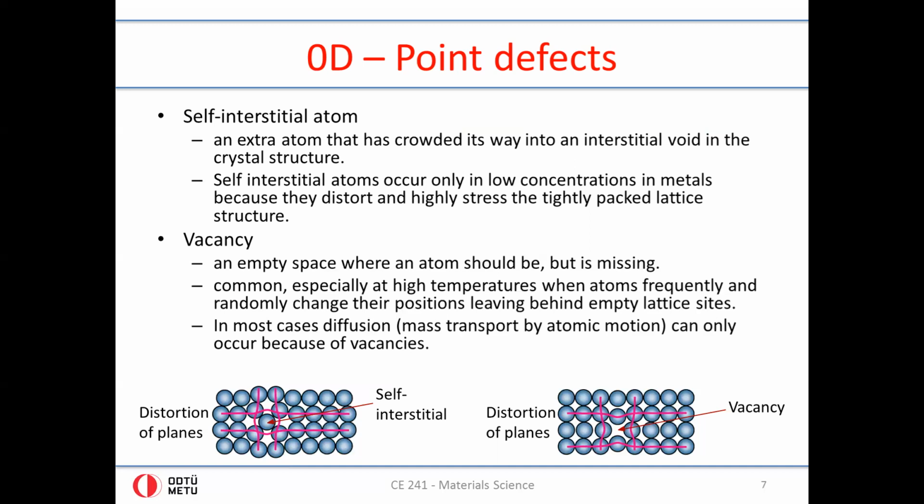So you see that in both cases, the planes or the lines have been distorted, but they've been distorted in a different way. So in the left-hand image, there are four atoms. These four have been pushed away from each other, farther away than they used to be. And in this case, these four atoms have been pulled closer together compared with their original positions without a vacancy.